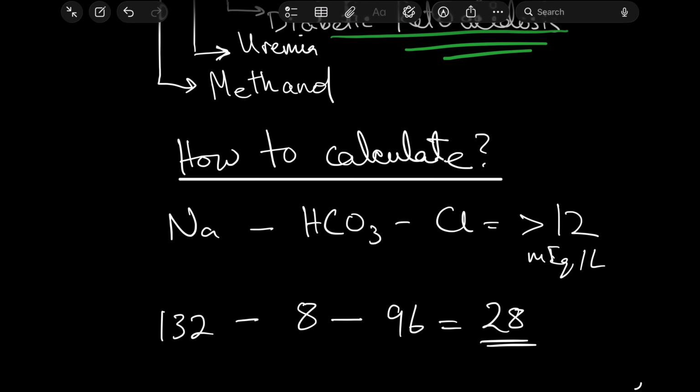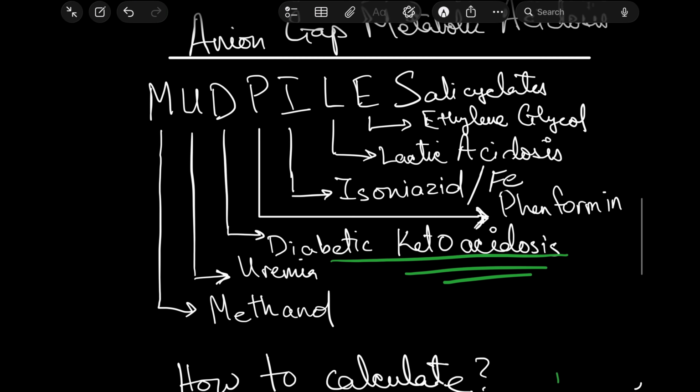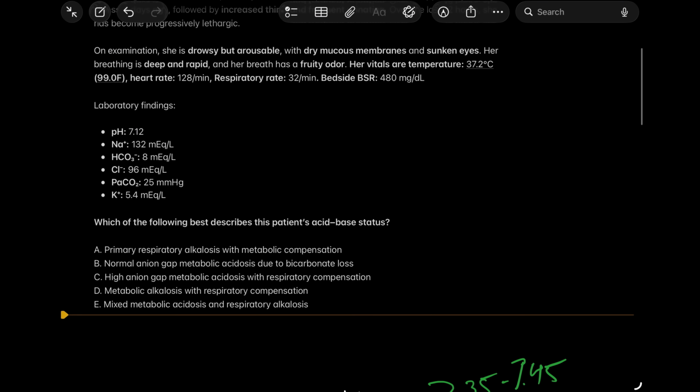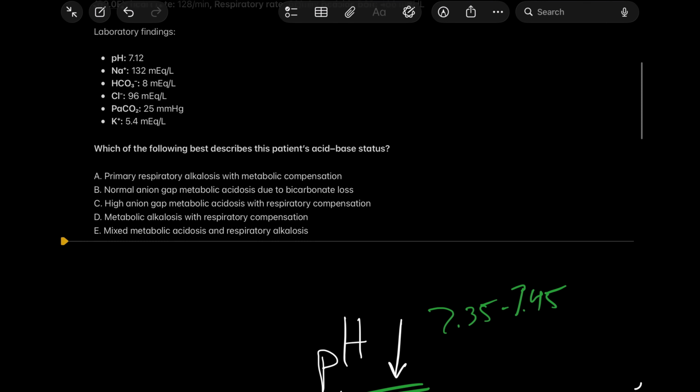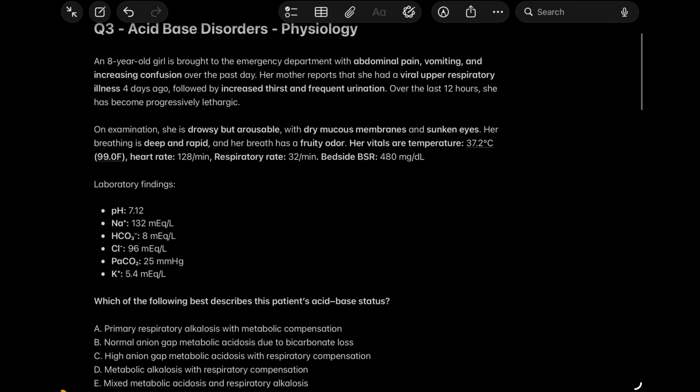Well, to calculate the anion gap, you have to take the amount of sodium and subtract from it the bicarbonate and chloride, which in this case was 132 minus 8 minus 96, and that leads to 28 milliequivalents per liter, meaning that is well above our 12 milliequivalent acceptable range, meaning that this patient definitely has an anion gap metabolic acidosis. And as we mentioned earlier, the patient's carbon dioxide is also lower than normal, 33 to 45, meaning that this patient also has respiratory compensation.